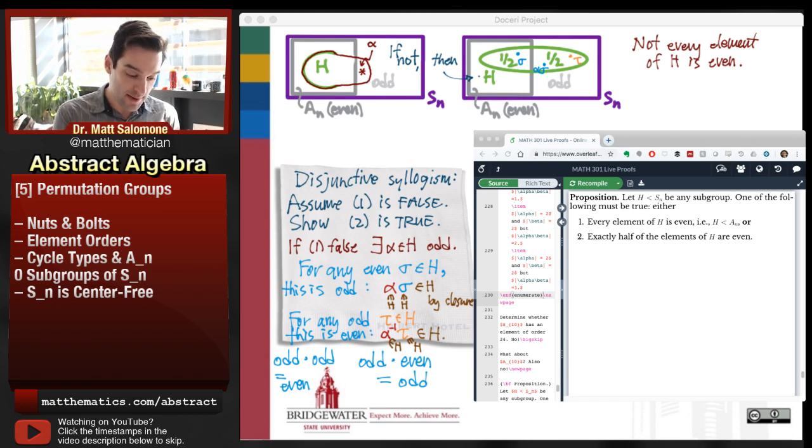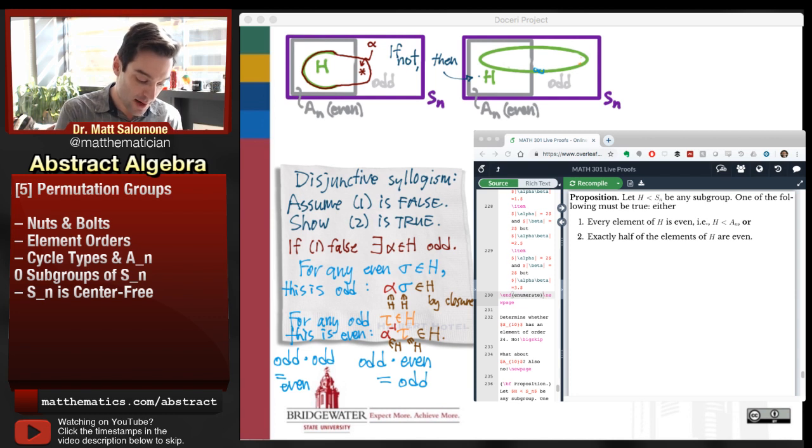So the reason I wanted to use alpha inverse is that this has set up a function for me that goes back and forth between the even elements of H and the odd elements of H. So let me try and write down what this function is. Let me call it f.